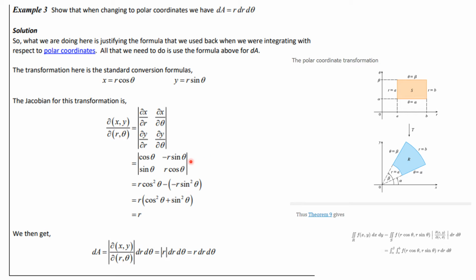And then I take the determinant of those partials using this calculation, and since cosine squared θ plus sine squared θ is 1, this is r, and so dA is the absolute value of r, which is still r because it's bigger than or equal to 0. So we get dA equals r dr dθ.